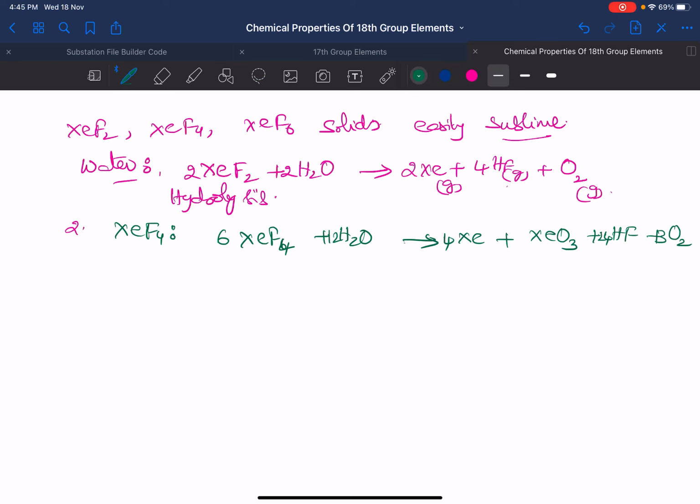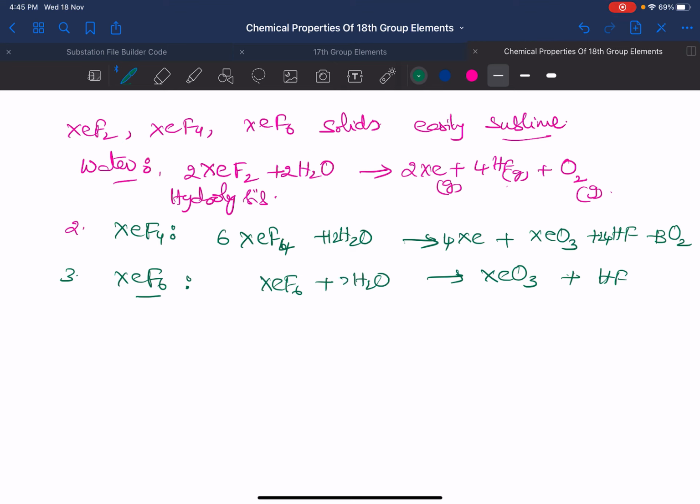And next we will go for the next reaction, that is XeF6. XeF6 on hydrolysis with water will give XeO3 and then HF, hydrogen fluoride.